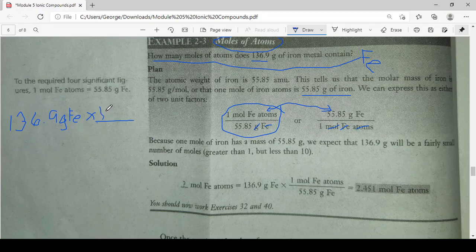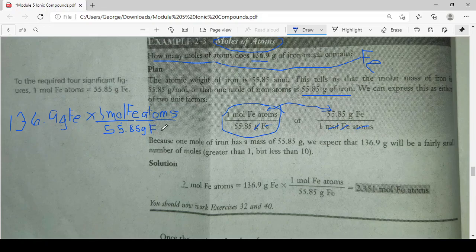for every 1 mole of our iron atom, I will have 55.85 grams of your iron.